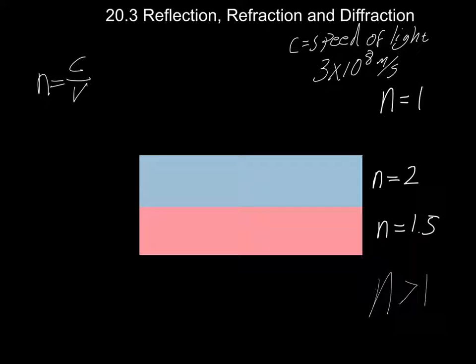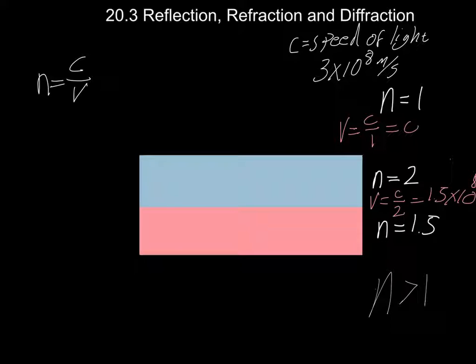We end up dividing c by 1, and v is going to be equal to c divided by 1, which equals c. Over here for an n of 2, v is equal to c divided by 2, so we end up with 1.5 times 10 to the 8th.